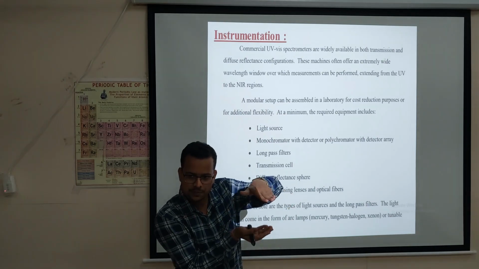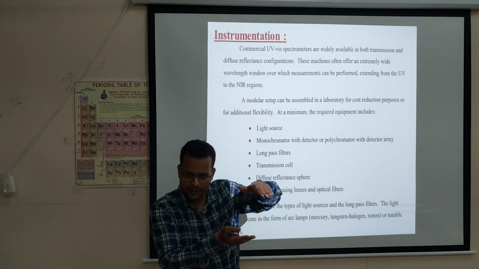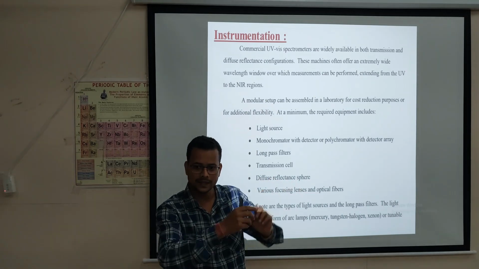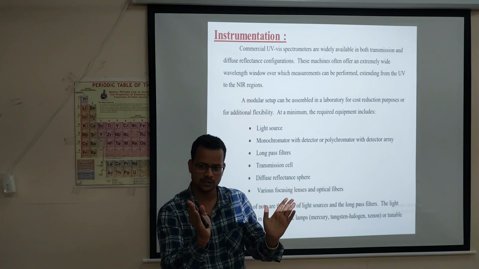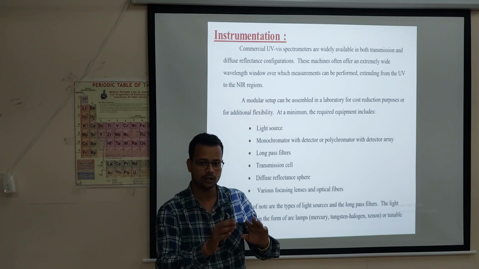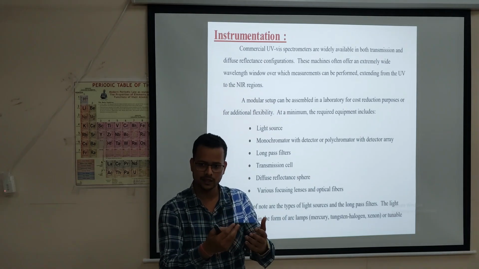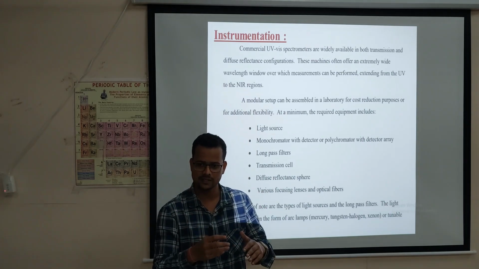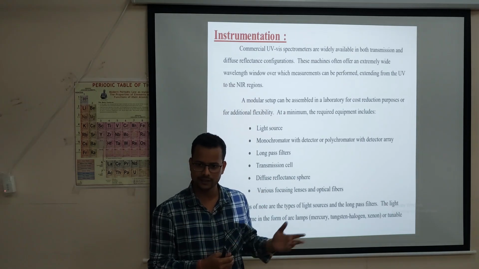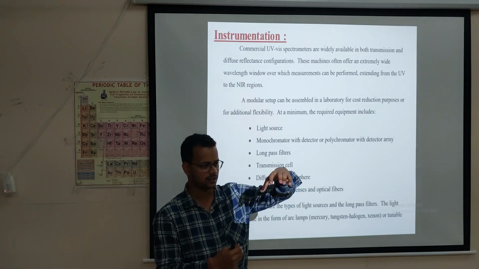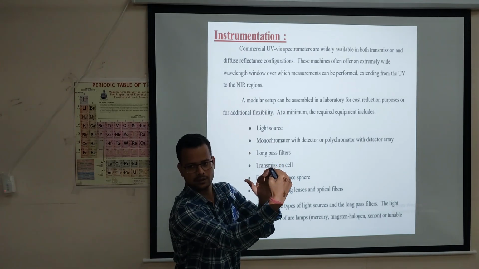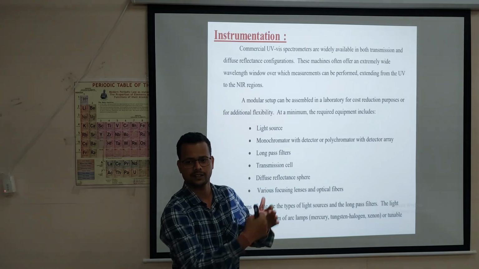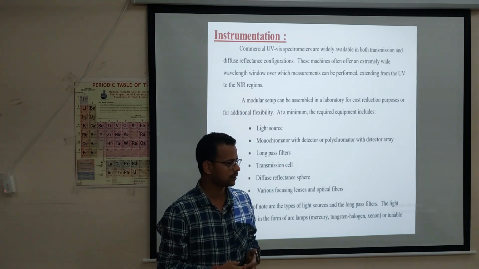So it is around 70 to 80% of a sphere, a half sphere or more, so that it can collect all the reflected light that occurs in different directions. Reflection occurs in all directions, and it can collect everything. Clear?